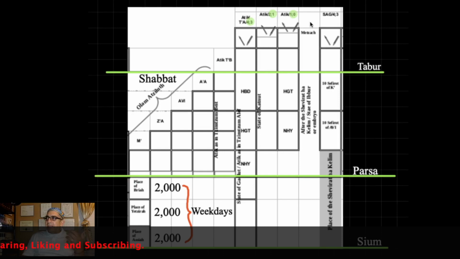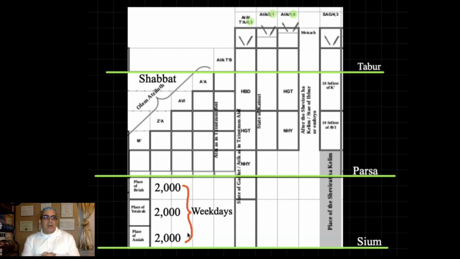We add Atik and we add what is called the reshimot, which is by numbers and everything. And in there, we're going to learn about how the system actually works with the 6,000 years until the perfection or the correction of the worlds.